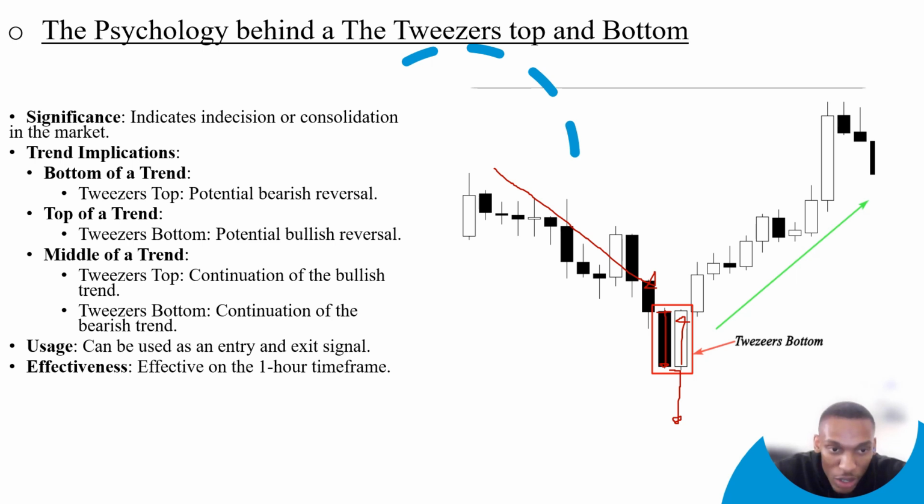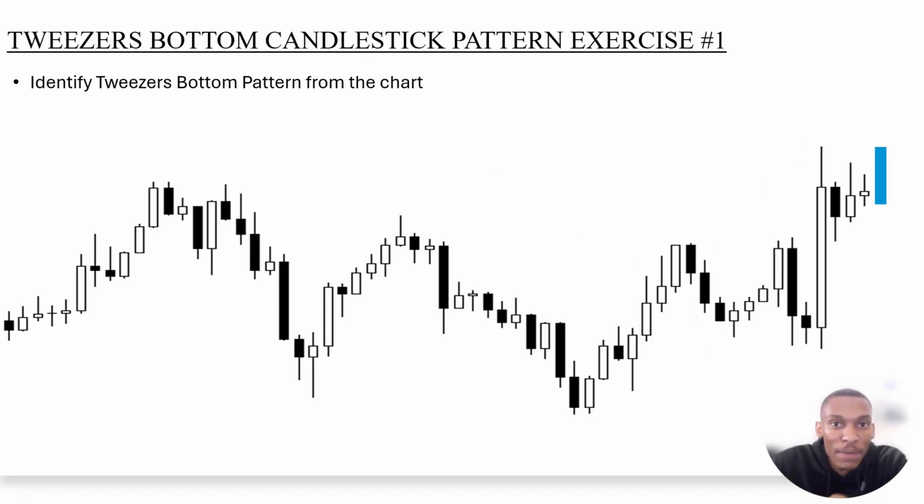This happens when one side wins. It's either buyers win or sellers win. So when we get this bullish movement, it means that buyers won here. Therefore, that's why we start to get this, meaning more buyers starting to come into play now. That's what happens.